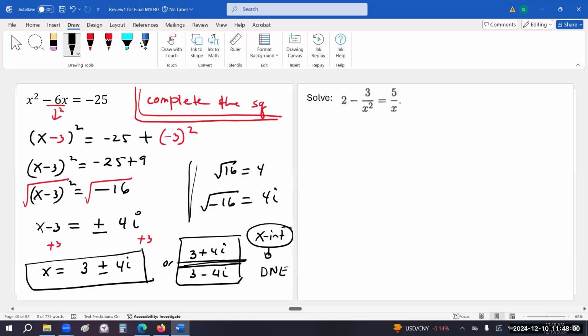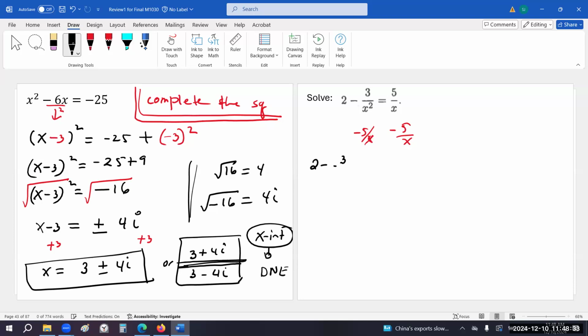Solving rational equation. What do we do? What is step 1? We can bring everything to one side because our goal is to have the same denominator.